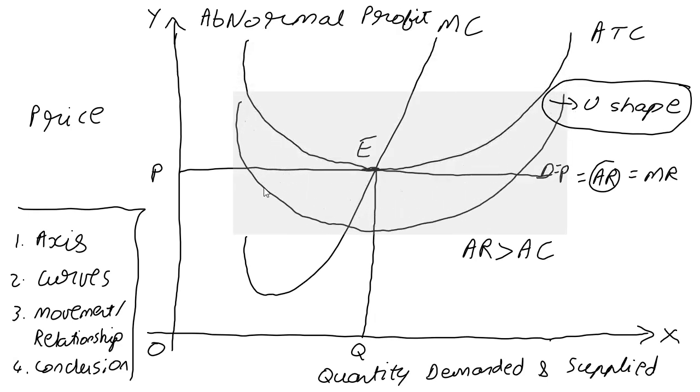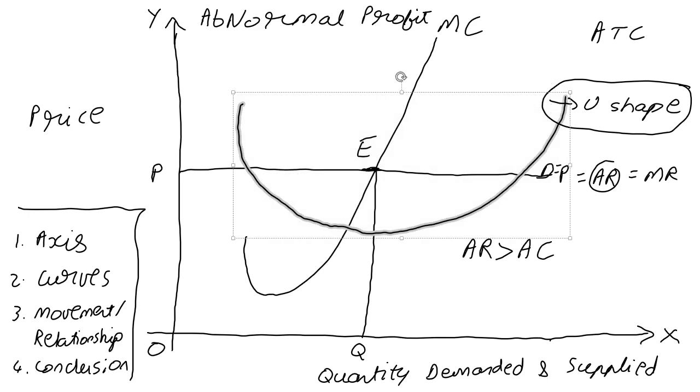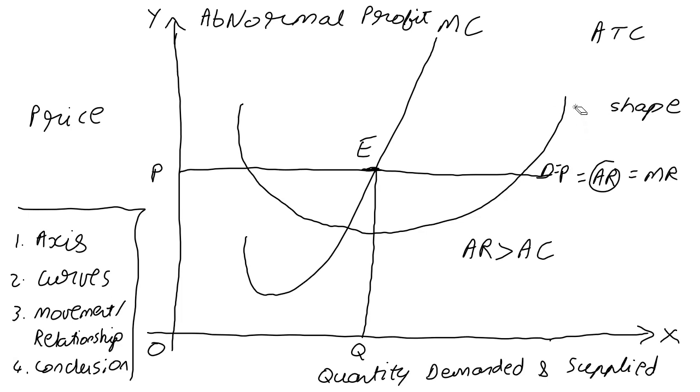I want to move the ATC curve downward. So what is this telling me? Technology has improved, costs have reduced, something has happened, and the entire ATC has now reduced.